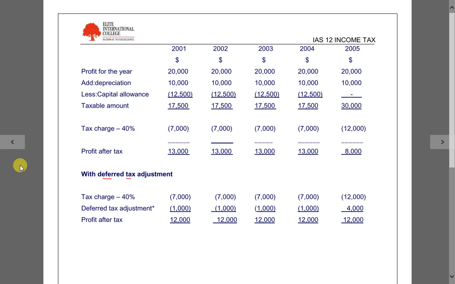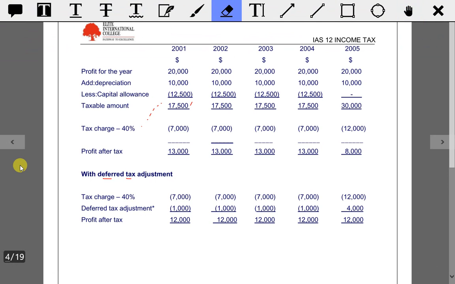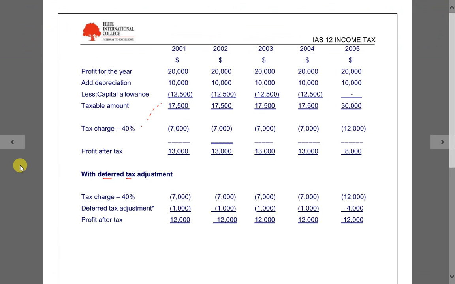So for taxable profit, we claim an extra 2.5, so our taxable profit is 17.5. 40% of 17.5 is 7,000. This one is 20,000, my book profit before tax. My provision is only 7,000.